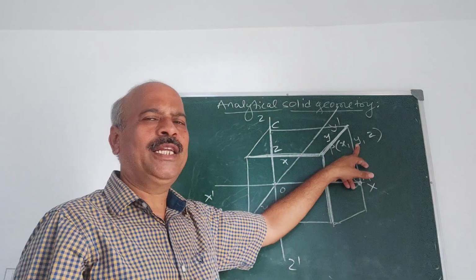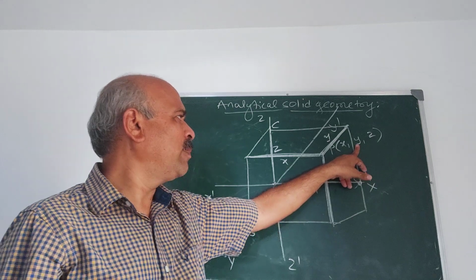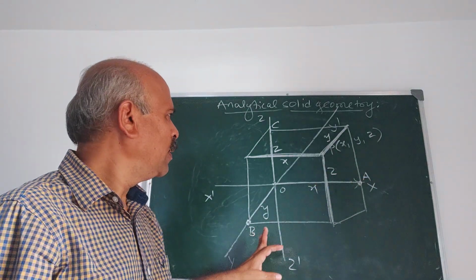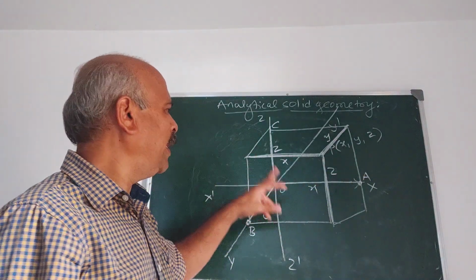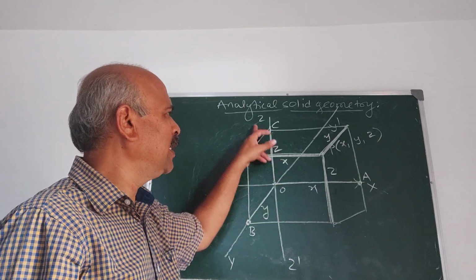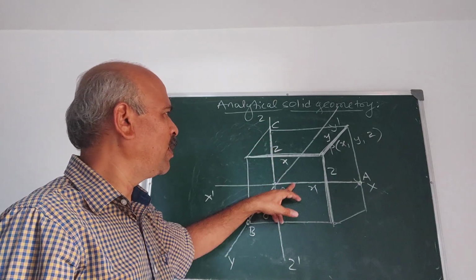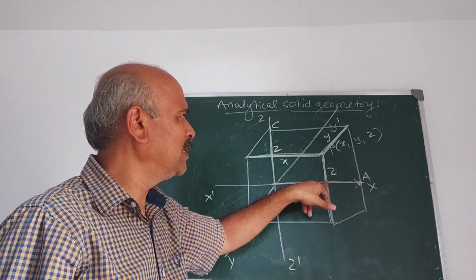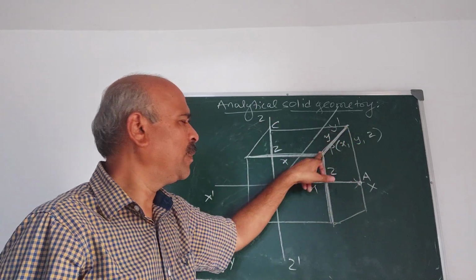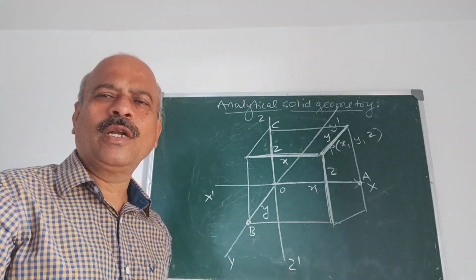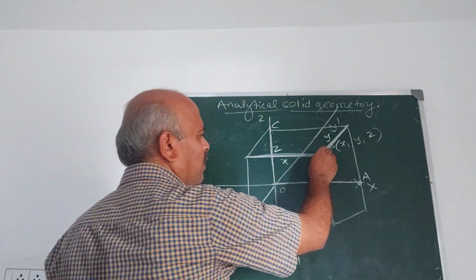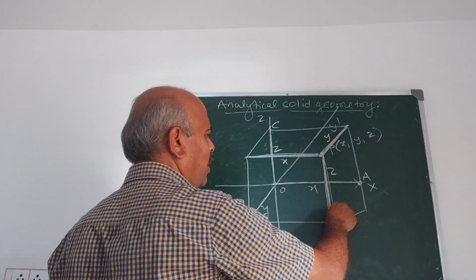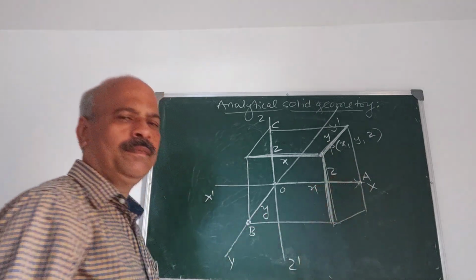What is the y coordinate? The y coordinate is the perpendicular distance from the XZ plane. XOZ is the XZ plane. What is the z coordinate of a point? The z coordinate of a point is the perpendicular distance of the point from the XY plane.